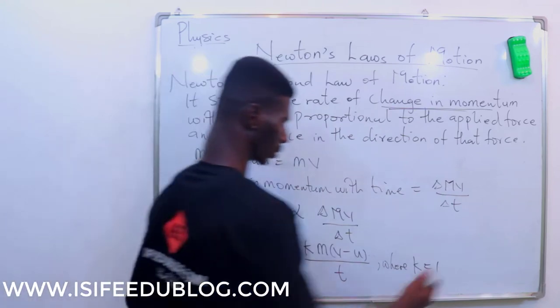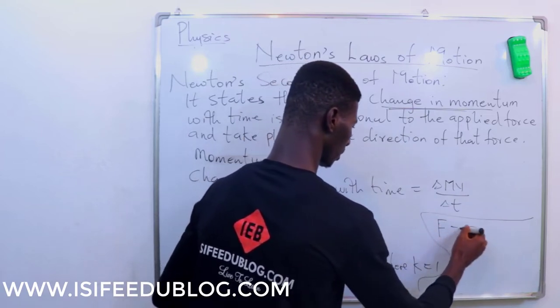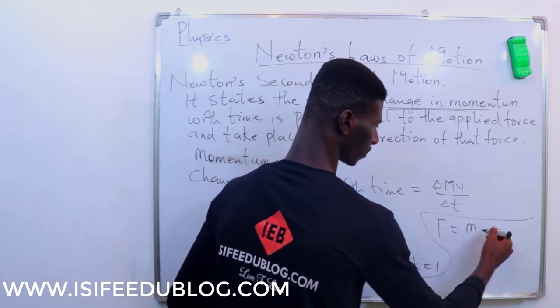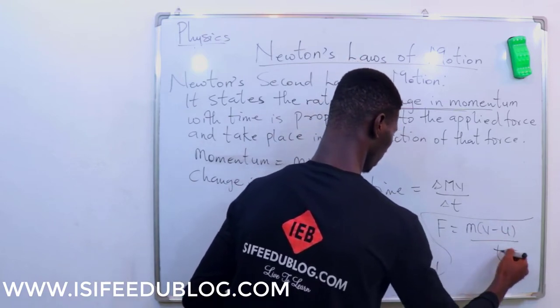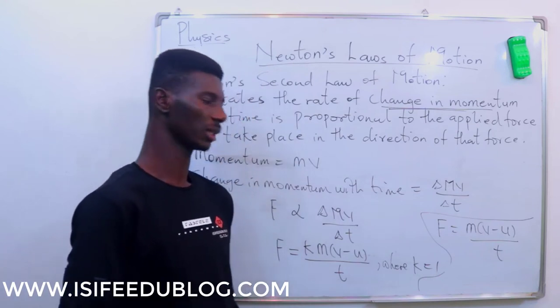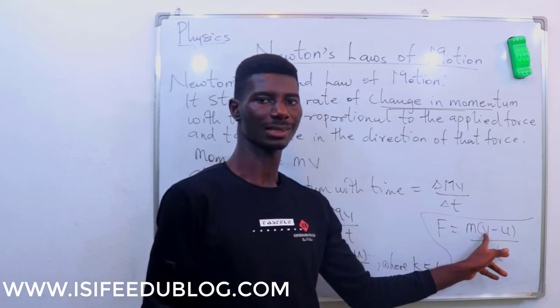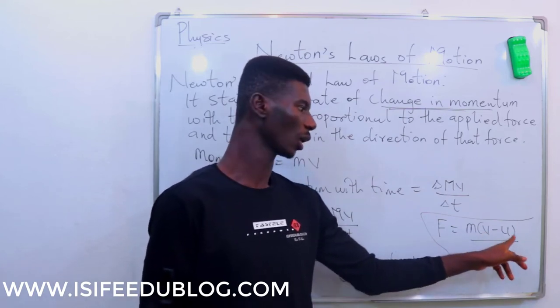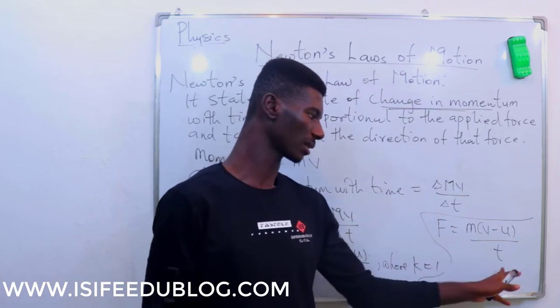So our formula now remains that force is equal to m(v minus u) divided by t. V here stands for the final velocity, while u stands for the initial velocity. This is mass.